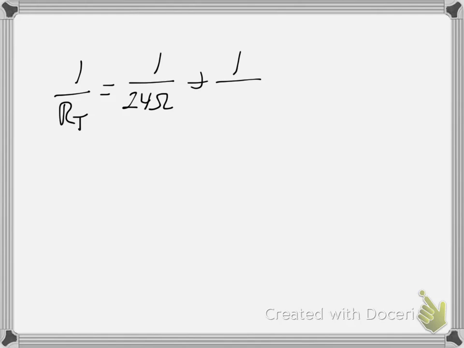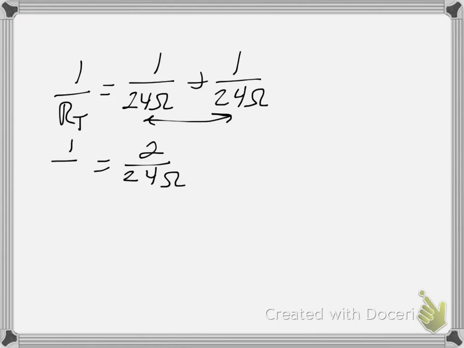So let's take 1 over R total, which is 1 over 24 ohms plus 1 over 24 ohms. And now we need to do our fractional analysis. The way fractions work, find a common denominator, which these are common, they're the exact same, and then the numerators just add. So I have 2 over 24 ohms.